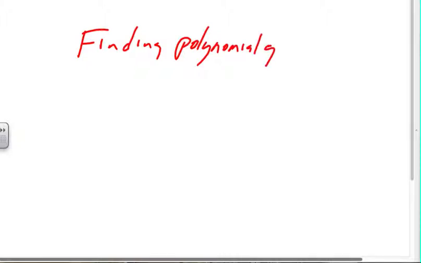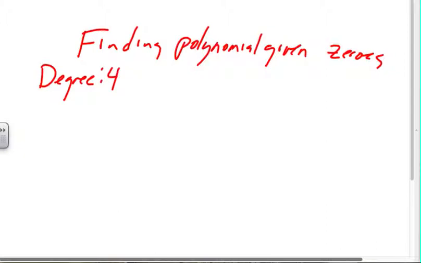All right. The other skill you're going to need is finding possible polynomials given some zeros. Okay, so let's say we want to find a polynomial with a degree of 4.